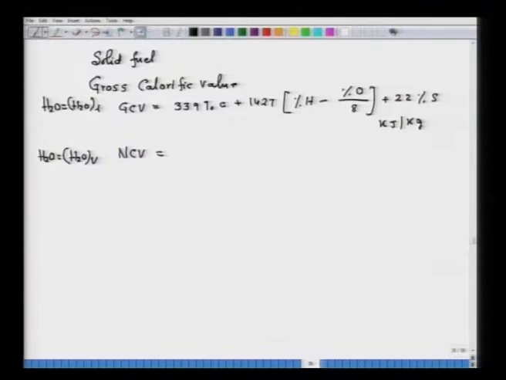So, NCV is equal to GCV minus 24.44 into (9% H plus moisture), again in kilojoule per kg. Now, I am not going into the details because my emphasis is on the unit process.